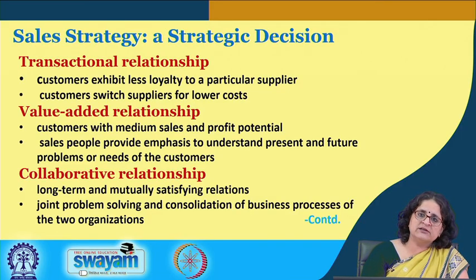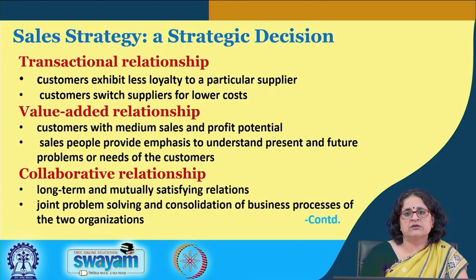The buyer or the client desires a long-term relationship because he does not have to deal with many suppliers or many sellers, and he does not have to change them too frequently. So his switching costs are low, his operational costs are also low.